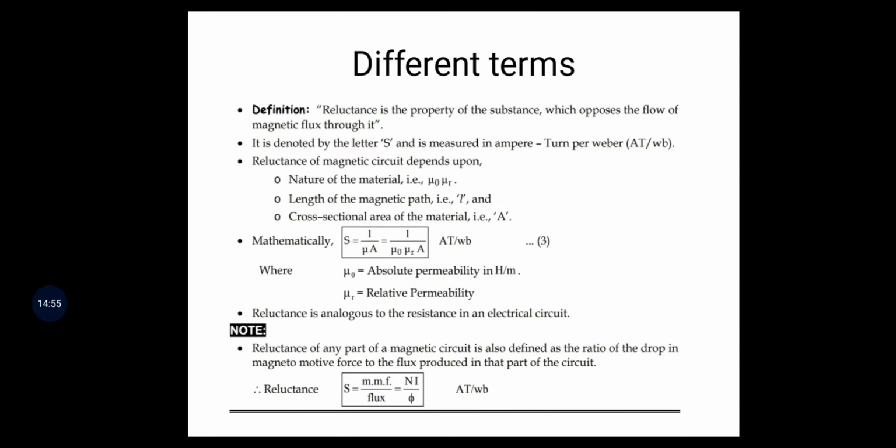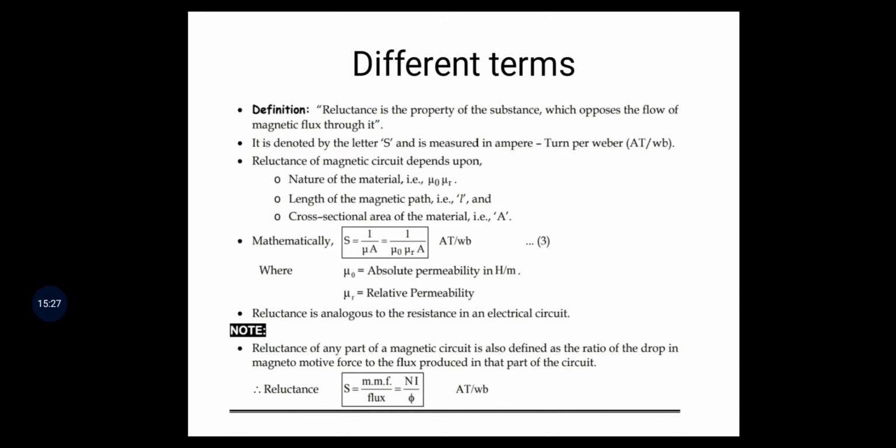Mathematically, the reluctance S is equal to 1 by mu A, where mu equals mu naught into mu r. So 1 by mu A equals 1 by mu naught mu r A, in ampere turns per Weber.